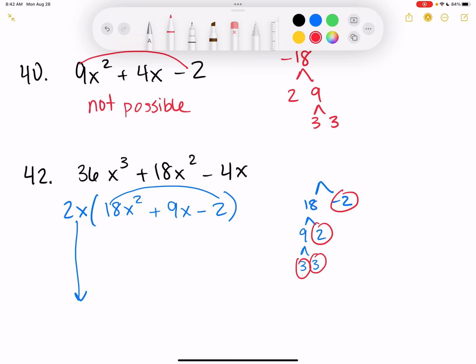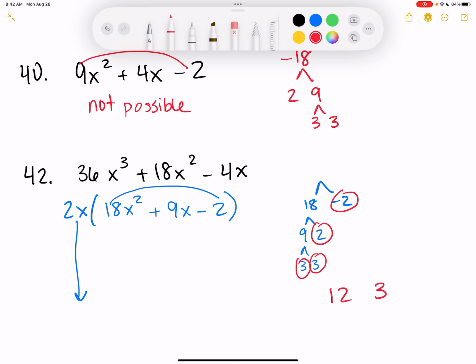Wait, 18 and negative 2 would only give me 16. I need 9. So you can try 6 and 6. You could try 9 and 4. You could try 12 and 3.